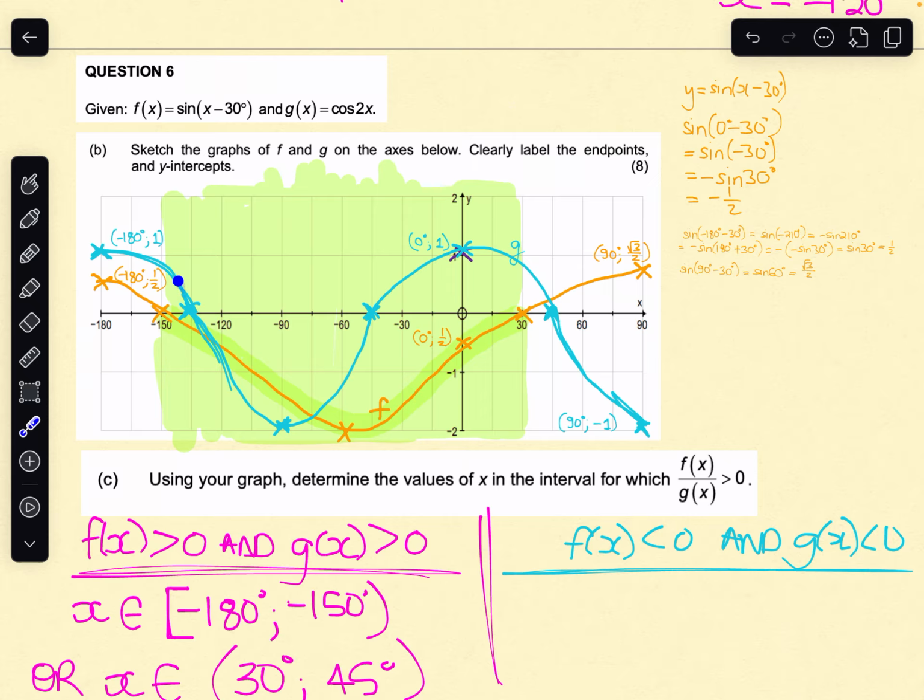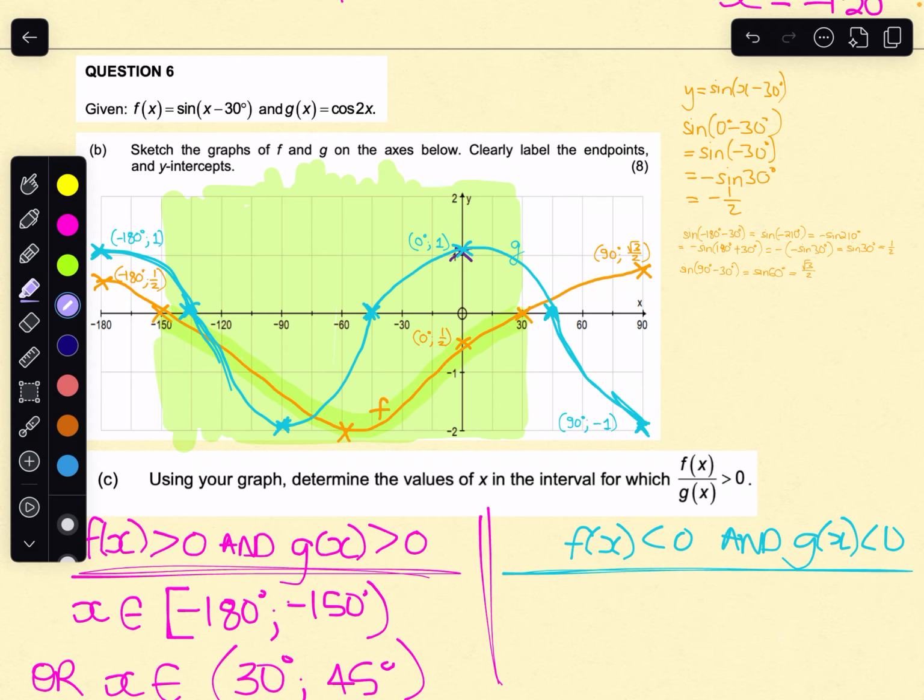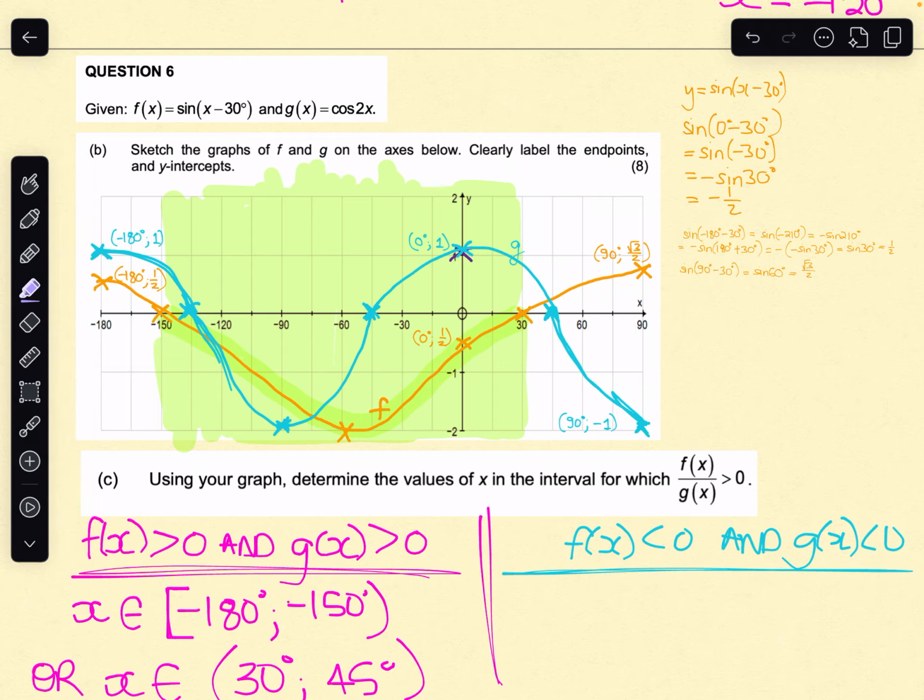Here it's positive, here it's negative, and then for the rest of the time it's positive. So it's only in this interval that both f and g are giving us negative values, and therefore this quotient would be positive.